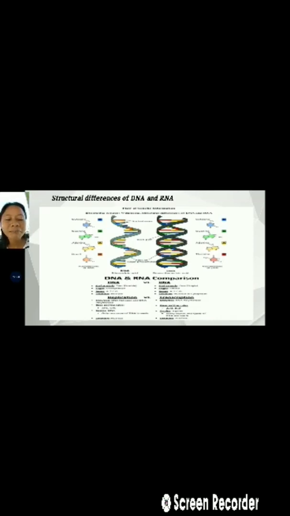Deoxyribonucleic acid, DNA, and ribonucleic acid, RNA, are perhaps the most important molecules in cell biology, responsible for the storage and reading of genetic information that underpins all life. They are both linear polymers consisting of sugars, phosphates, and bases, but there are some key differences which separate the two.